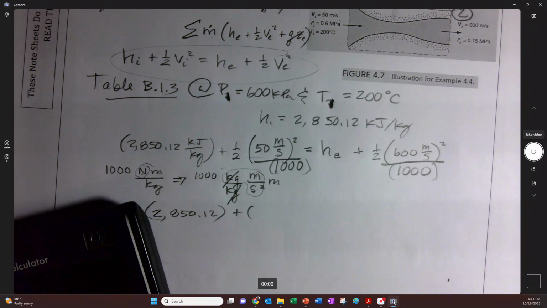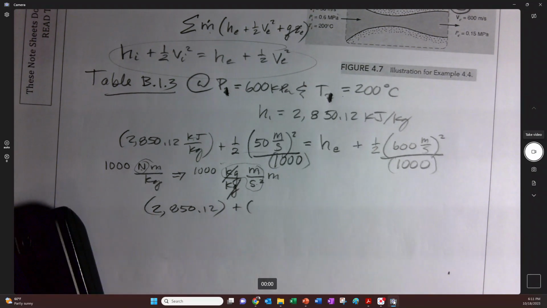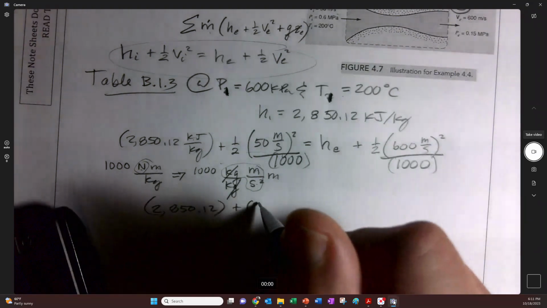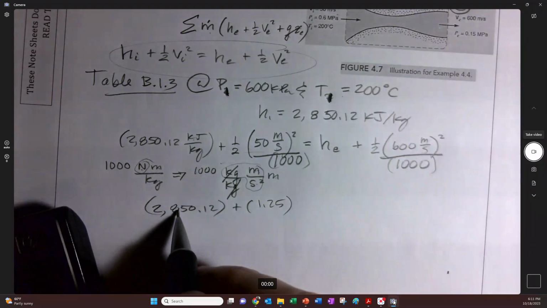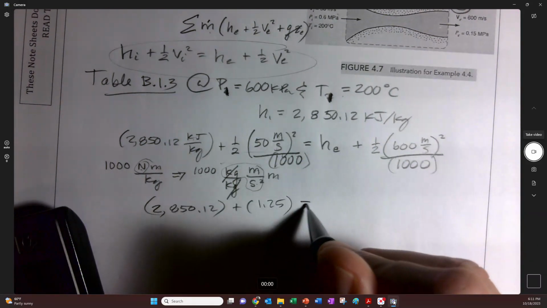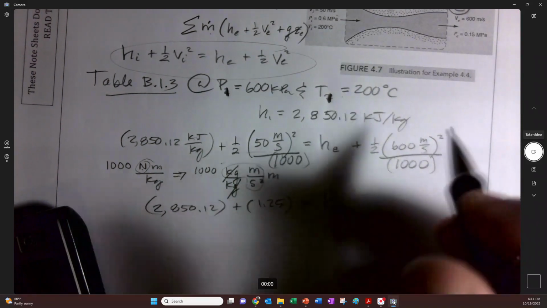I should have written down in between numbers because there's some knowledge to be gained from this. 50 squared divided by 2 divided by 1,000. Right? So we get 1.25. Ooh, that's not a lot compared to this.